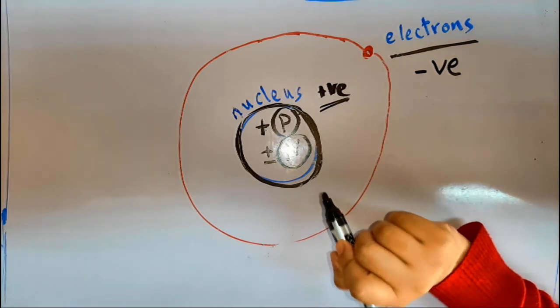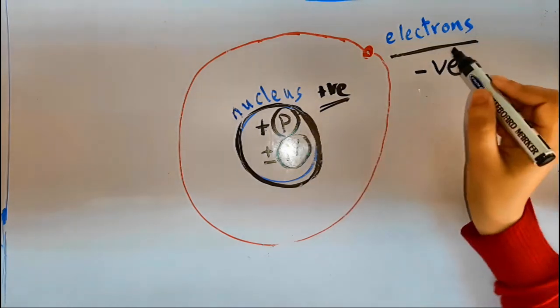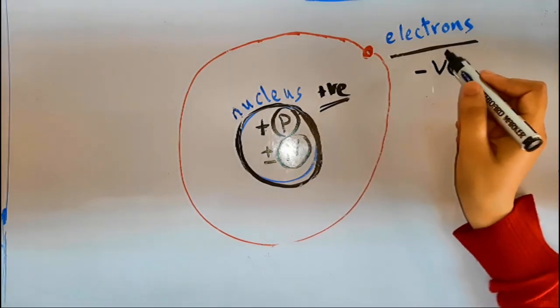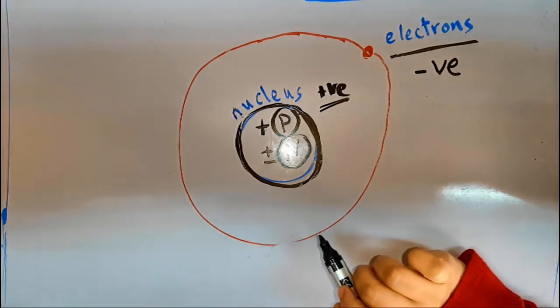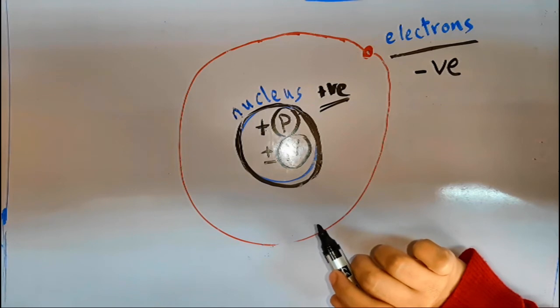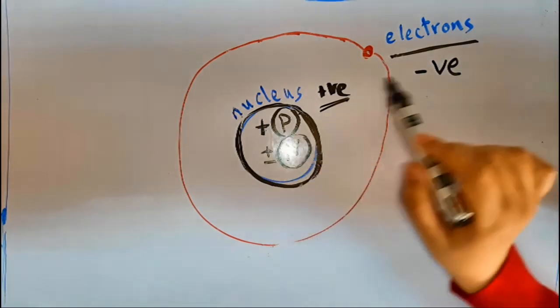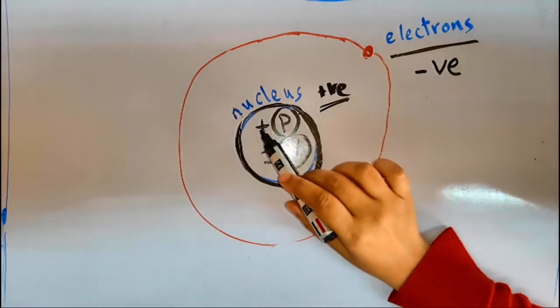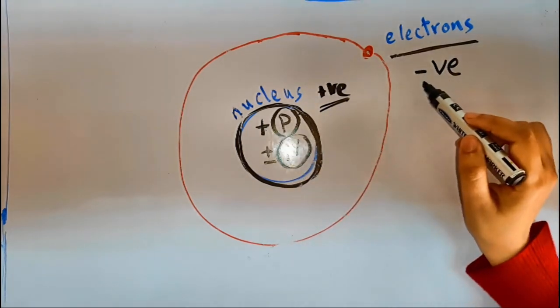They are equal. The number of positive protons inside the nucleus equals the number of negative electrons which revolve around the nucleus with very high speed. This makes the atom electrically neutral, or have no charge.